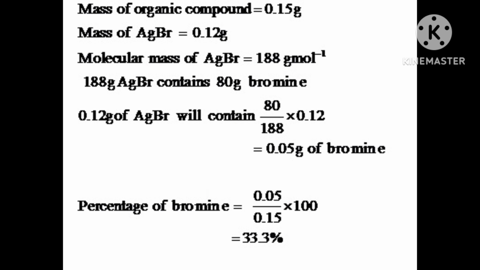Add the atomic masses and it will come to 233 gram barium sulfate. Then this barium sulfate contains 32 gram sulfur.